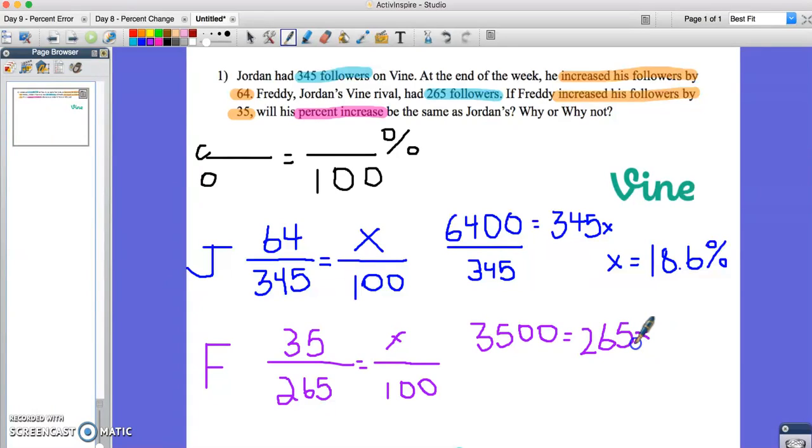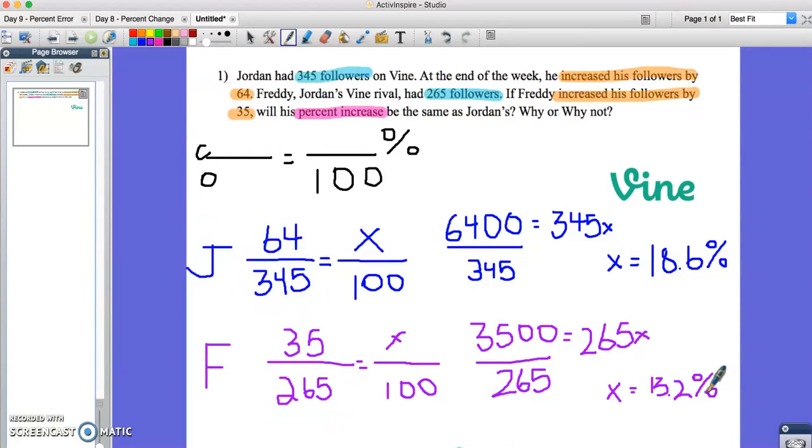My last step, again, is to divide by the coefficient of x, or the number in front of the variable. So 3,500 divided by 265 equals, my percent increase for Freddie is 13.20, so 13.2%.